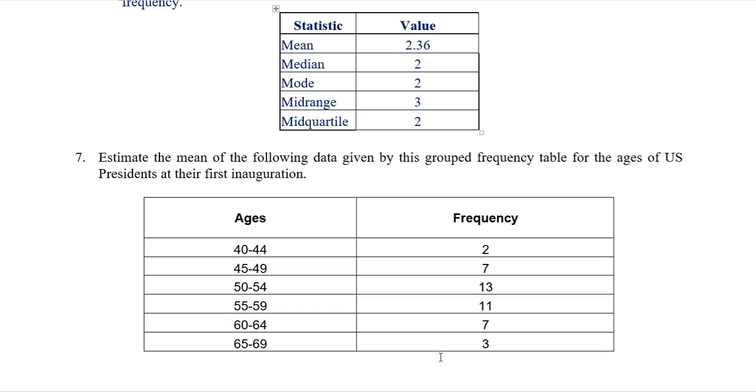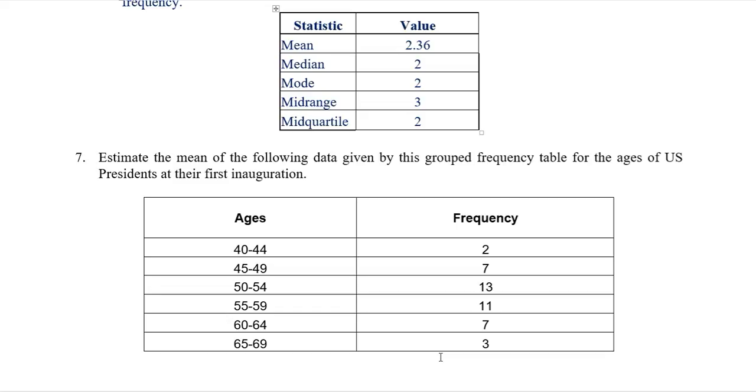This goes through President Obama. If there are 40 to 44 ages, there were 2 presidents that were in that age range. 45 to 49, there were 7 there, 13 in their lower 50s, 11 in their upper 50s, 7 in the lower 60s, and 3 in their upper 60s.